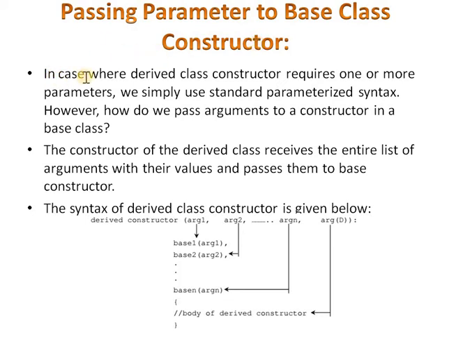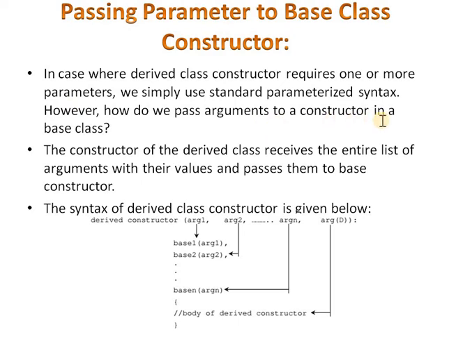In a case where a derived class constructor requires one or more parameters, we simply use the standard parameterized syntax. However, how do we pass the arguments to a constructor in a base class?